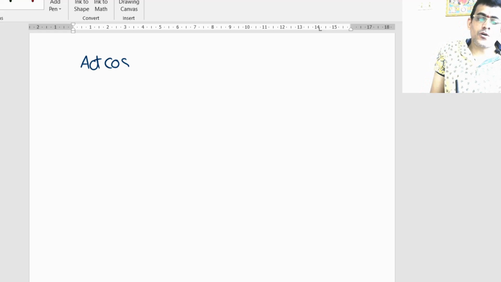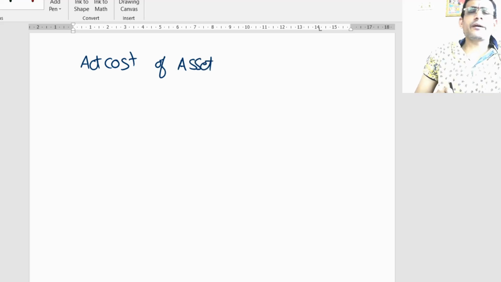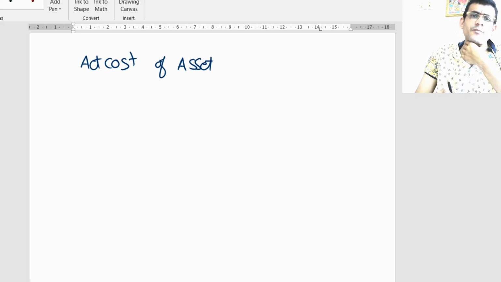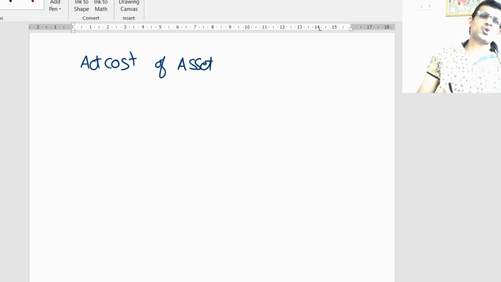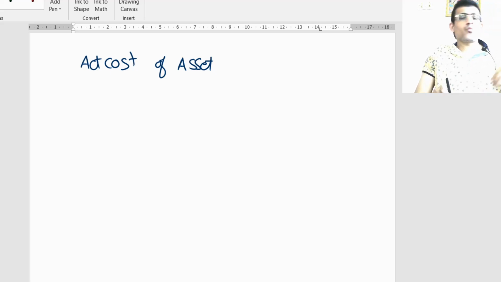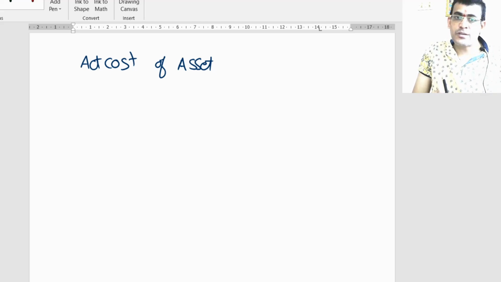Actual cost of asset. In some cases we will be considering the actual cost of asset, and in a few cases we will be considering the notional cost of asset. Two things are there. From the examination perspective, it would be sufficient if we focus on the actual cost of the asset.